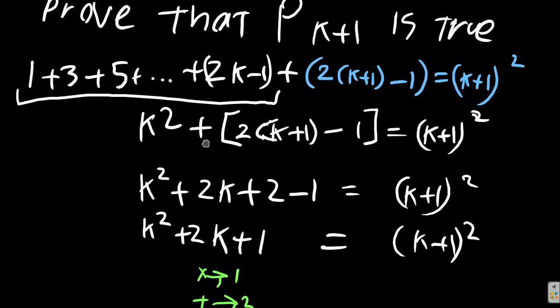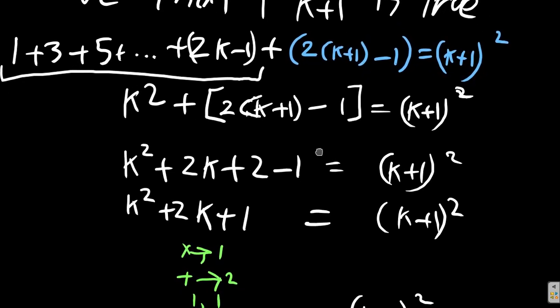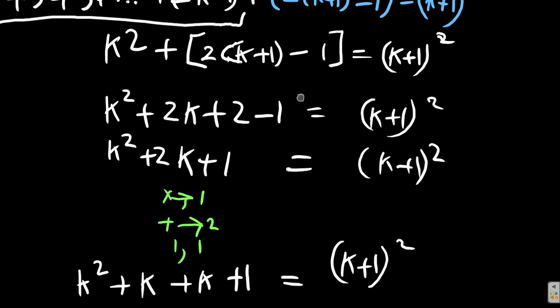And then you want to manipulate this so that you clearly show that the left and right hand side are the same. It's not that obvious. So you multiply out the brackets, and you get k squared plus 2k plus 2 minus 1, which is k squared plus 2k plus 1. And that on the left equals k plus 1 squared on the right.